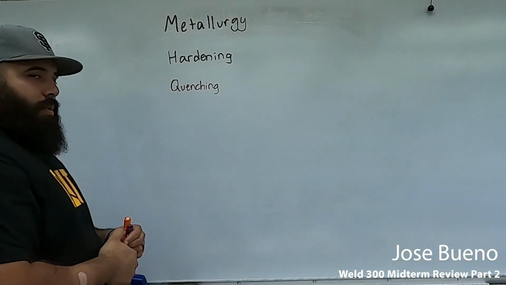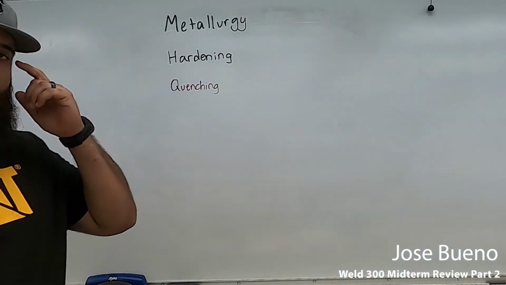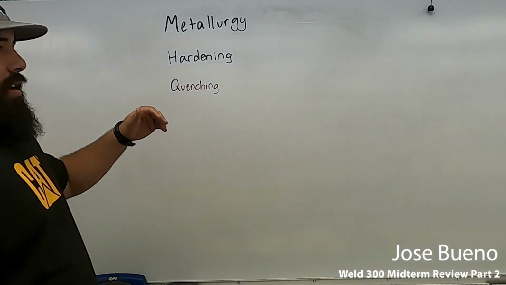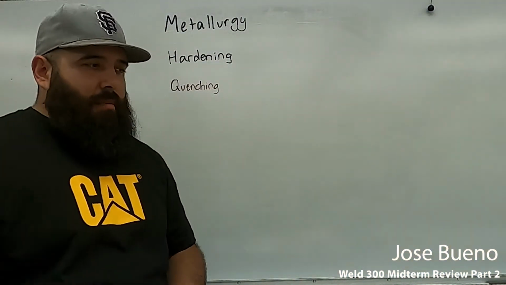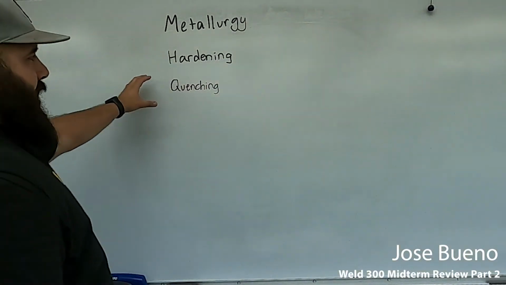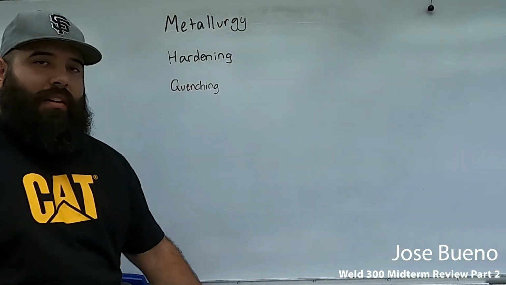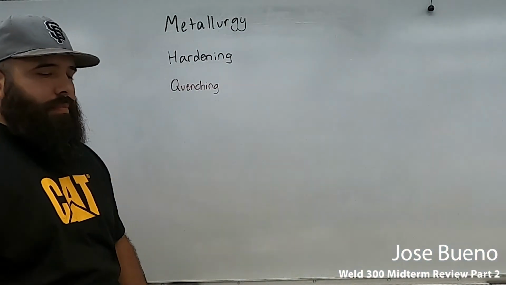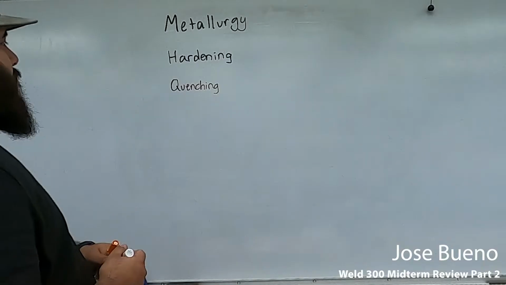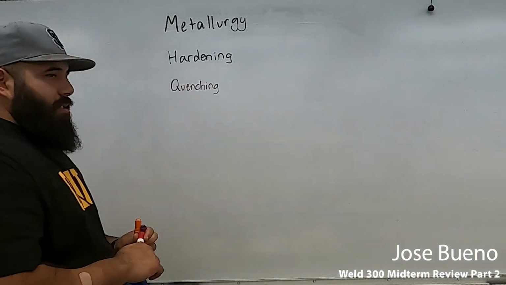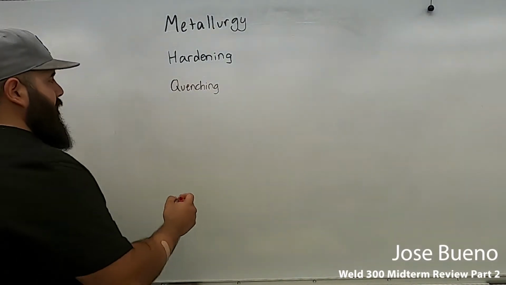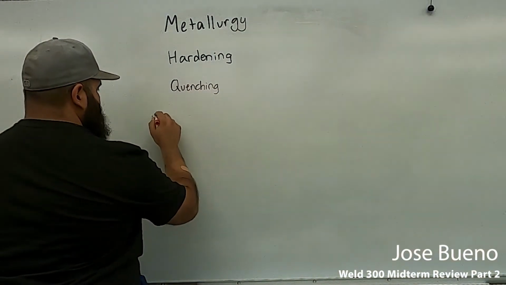So some people will refer to this as quench hardening, where you superheat your metal and then you dunk it in something to rapidly cool it off. So when we talk about heating it up, we're heating it up to the transformation temperature.